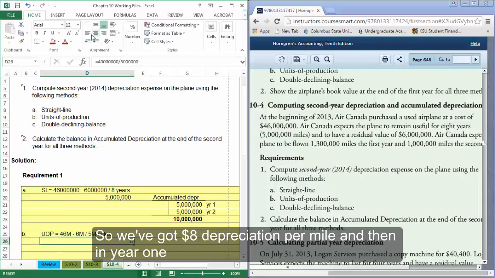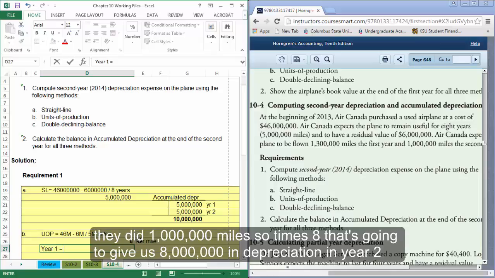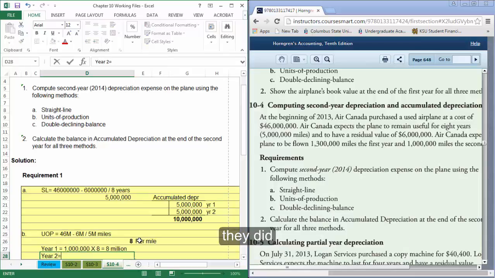So we've got $8 depreciation per mile. All right. And then in year 1, they did 1 million miles. So times 8, that's going to give us 8 million in depreciation.